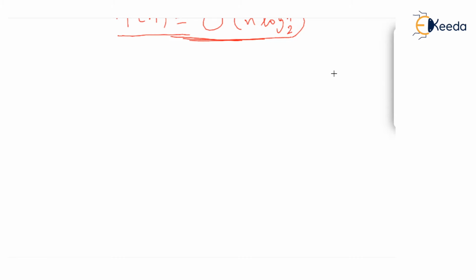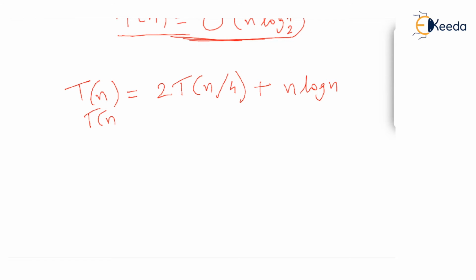Suppose we are given a recurrence relation like this: T(n) is equal to 2T(n/4) plus n log n, and T(n) is 1 if n is 1. Now it becomes so complex for us to solve it either by the substitution method or by the tree method.